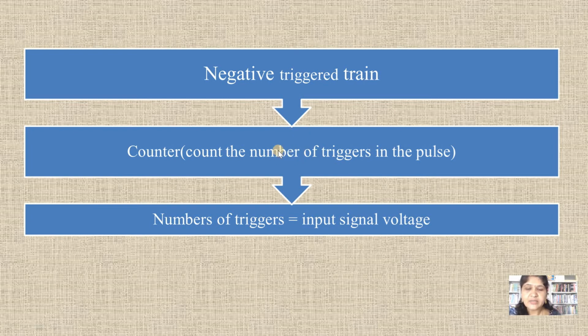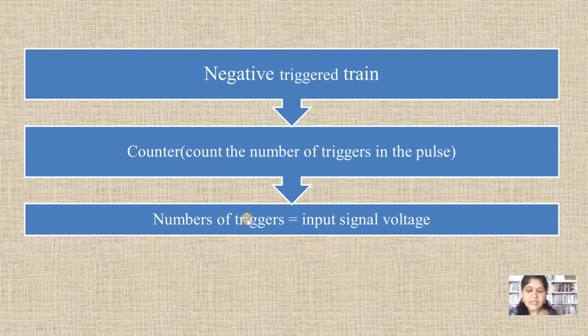The counter is going to count the number of triggers in the pulse. This number of triggers in the pulse will be equal to the input voltage, and we can calibrate so that we can read the value of the input voltage in volts directly from the display unit. So this is how the voltmeter works.